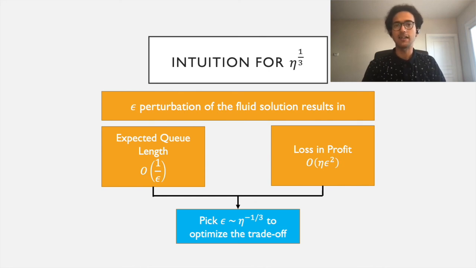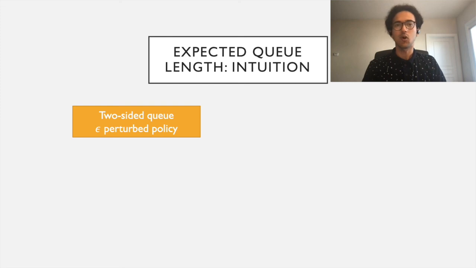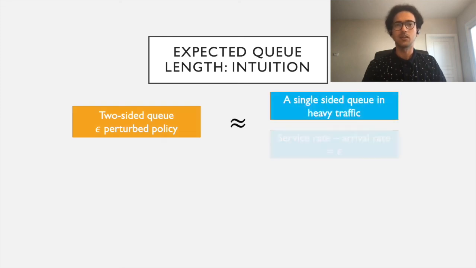Now, we will understand each of these terms separately. The expected queue length is of the order 1 by epsilon. This is because, in spirit, a two-sided queue operating under an epsilon perturbed policy is similar to a single-sided queue operating in heavy traffic with epsilon as the heavy traffic parameter.